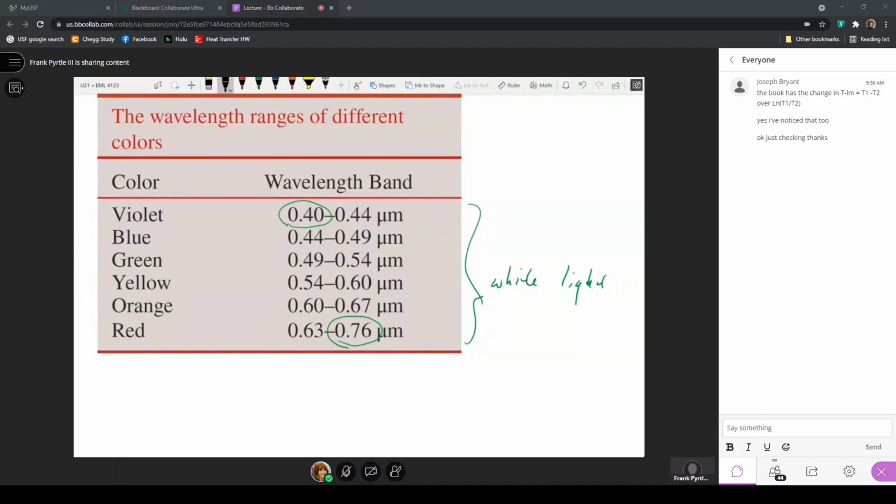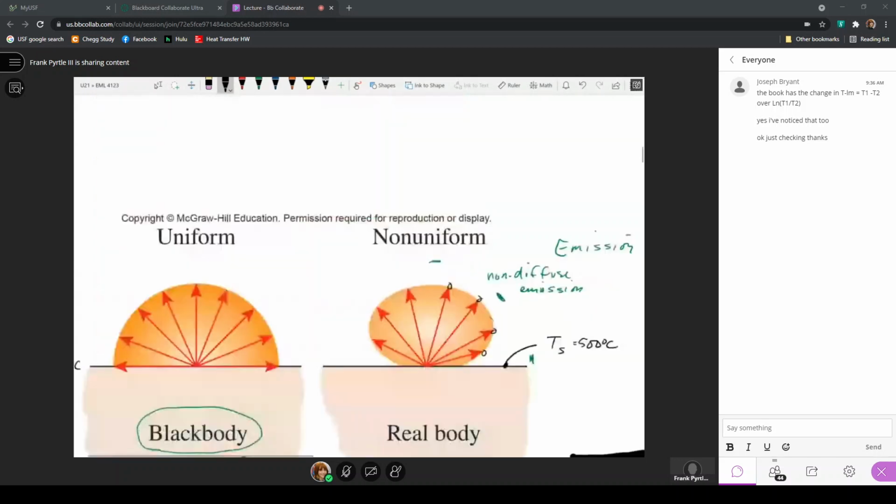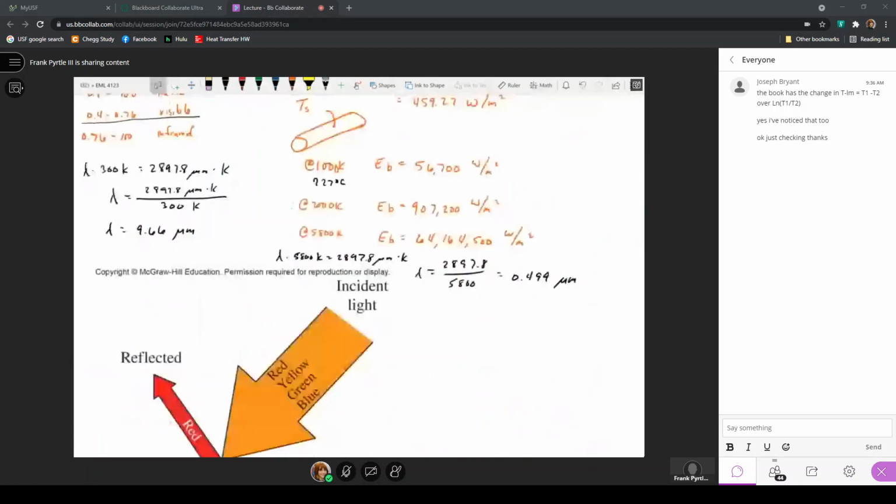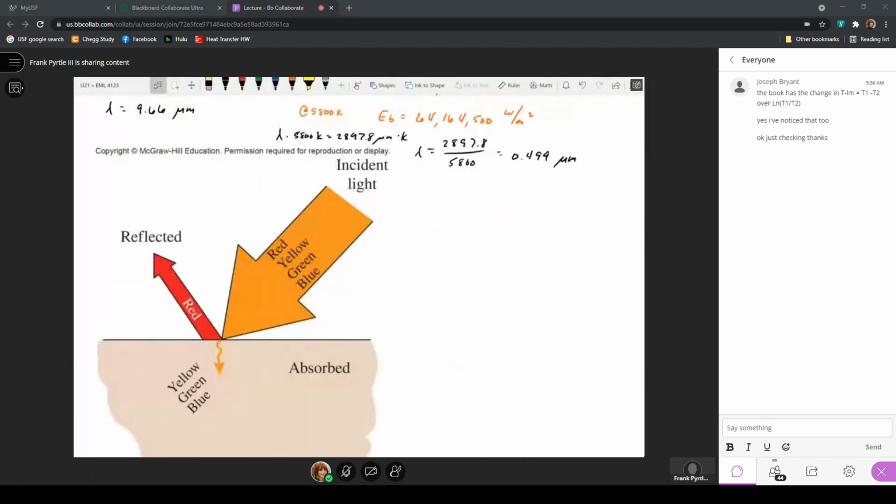So whenever you're seeing colors, particularly colors of things that are not emitting but just reflecting light, that just means that the other colors are being substantially absorbed, so that what you see is just red.